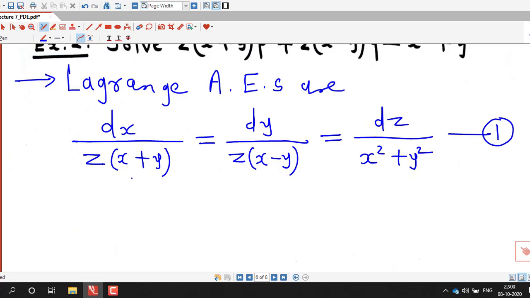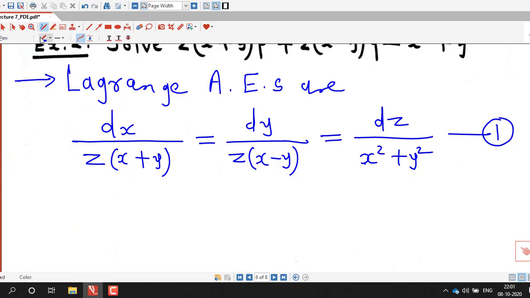From this we may have the idea that here I have z into x, and here also I have z into x, and here I have x square. So suppose I concentrate here, I have z into x. If I multiply this by x, then I will have x square into z.